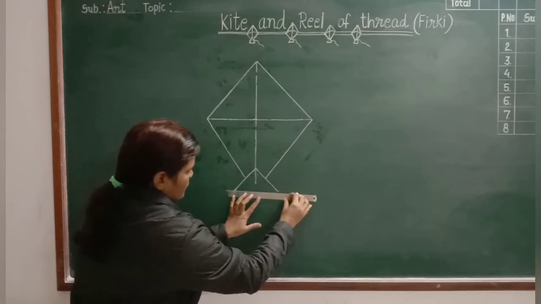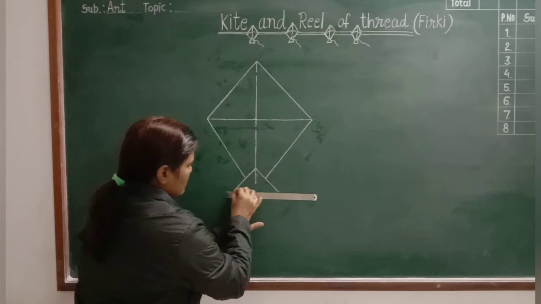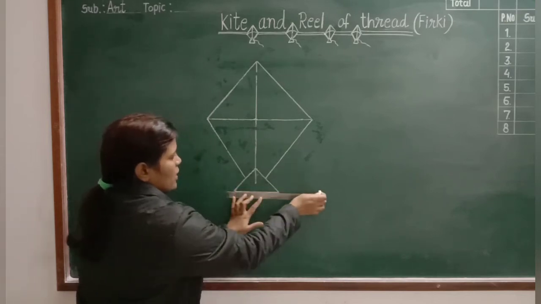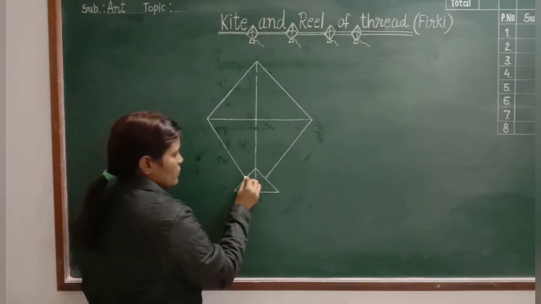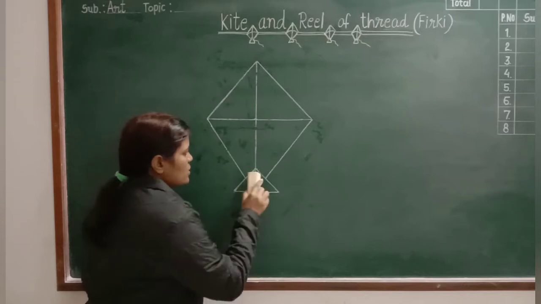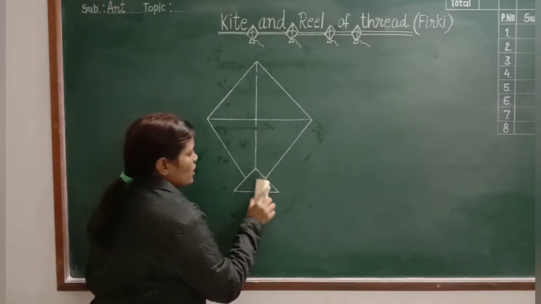Now draw sleeping line like this type, triangle shape, okay. Now erase this unnecessary line, okay.